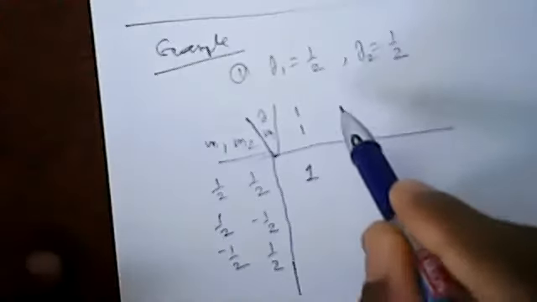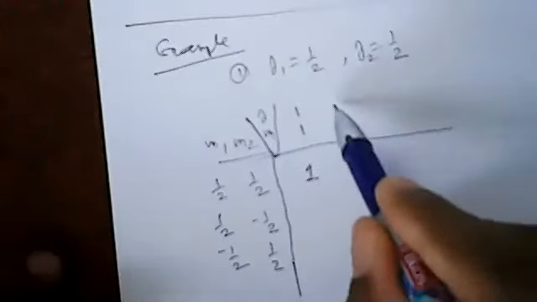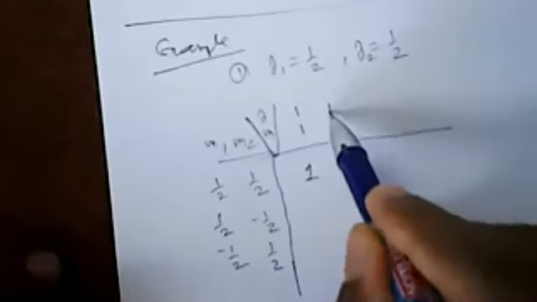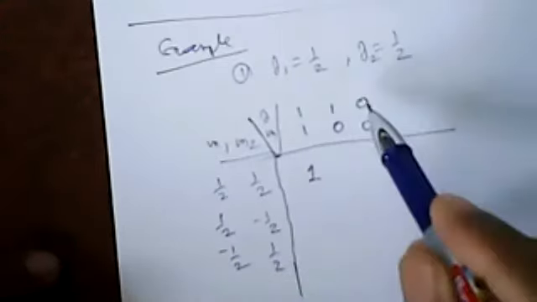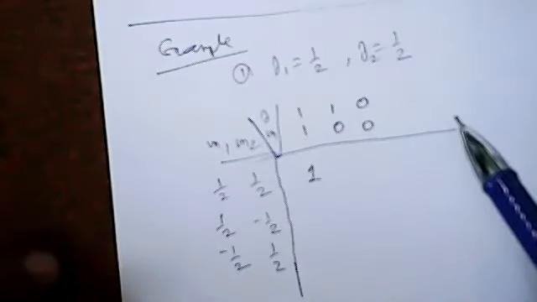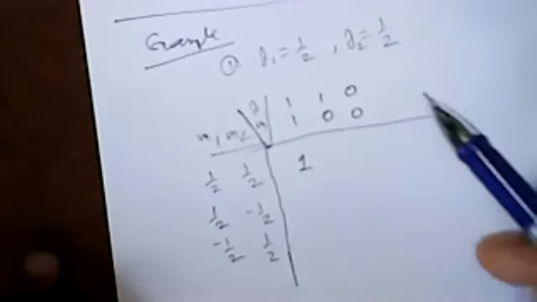And what are the J, M values? J is 1, 0 and 0, 0. M values are 0, 0. When you add these, you will get the M value 0. Correspondingly, we have a 2 by 2 submatrix.